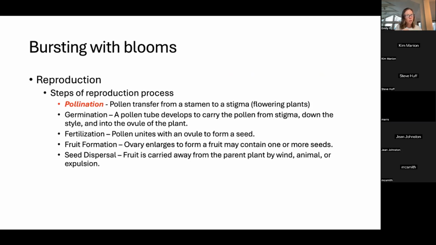Fertilization is when the pollen unites with the ovule to form a seed. Fruit formation is the ovary enlarging to form a fruit that may contain one or more seeds. And then seed dispersal is fruit that is carried away from the parent by wind, animal, or expulsion. We won't talk about that today, but there is something that flings its seeds.